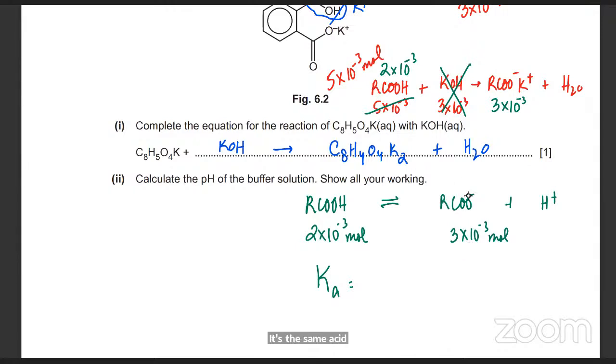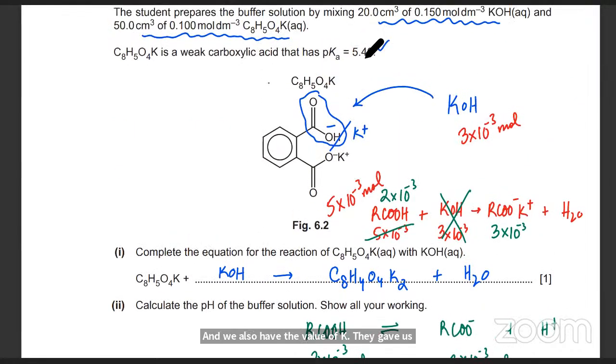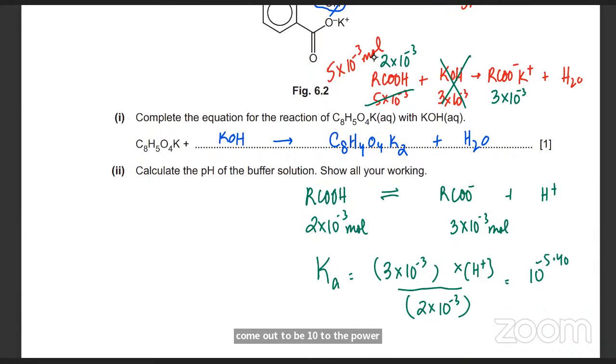It's going to be product concentration, which is 3 times 10 to the power minus 3, multiplied by H plus 1 concentration, and divided by 2 times 10 to the power minus 3. And we also have the value of K. They gave us the value of pK, which is 5.4. So K will be 10 to the power minus 5.4. pK is the log expression, so if you take the anti-log, it's going to come out to be 10 to the power minus 5.4. Then find the concentration of H plus 1, and then find the pH.